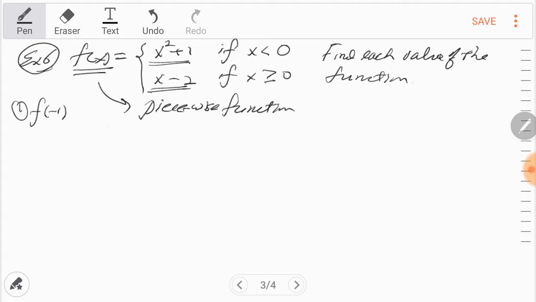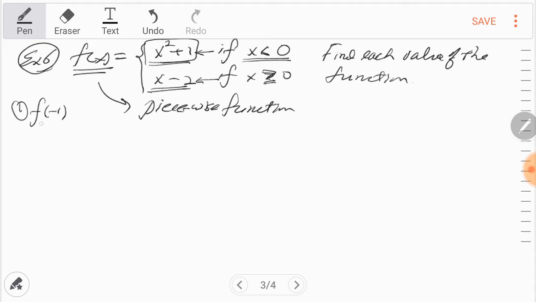So always check the input, and then use the expression that the input satisfies. If the input is less than 0, we use the first expression. If the input is greater than or equal to 0, then we use the second expression.